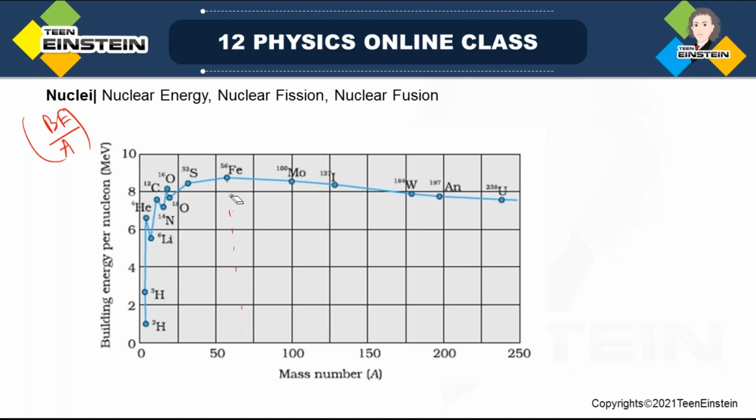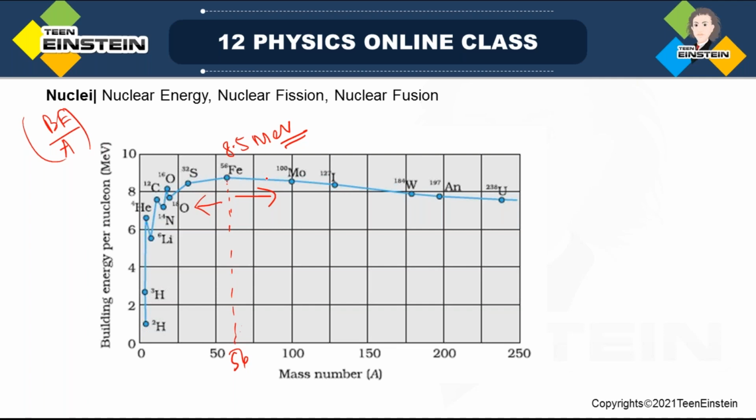So at 56 it becomes maximum, almost 8.5 MeV. And when there is a maximum binding energy, that means this iron will be the most stable element in the periodic table. Now beyond this, and below this, you look.